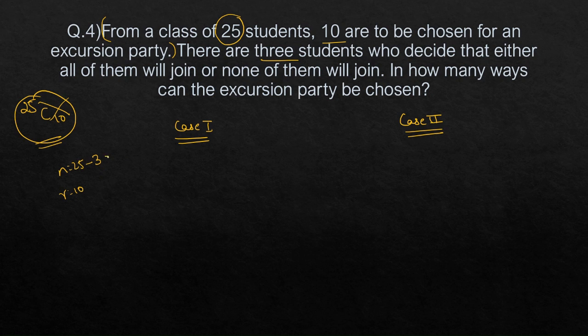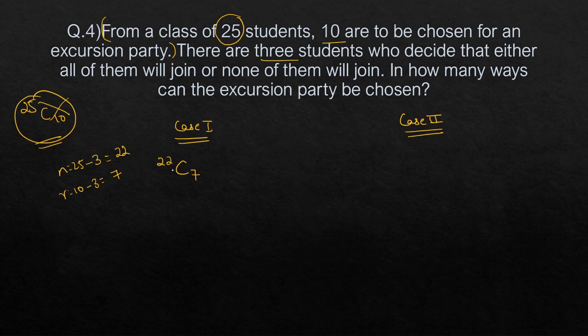In other words, if we say this, we'll be left with 22 choices, options, or perhaps students. Then from r also we need to subtract because here also we have placed or included those 3 students. Hence we'll subtract 3 from 10, which will be 7. So the formula here will be 22C7.